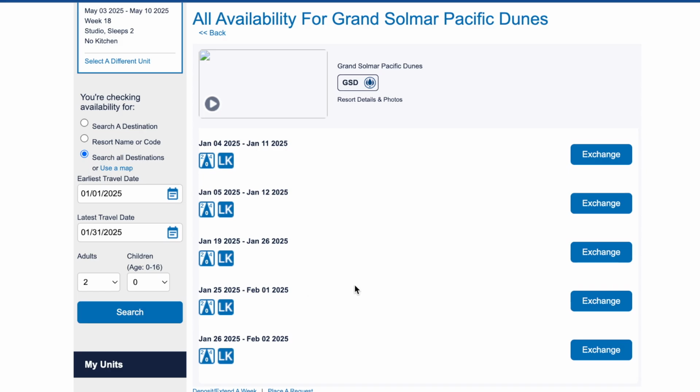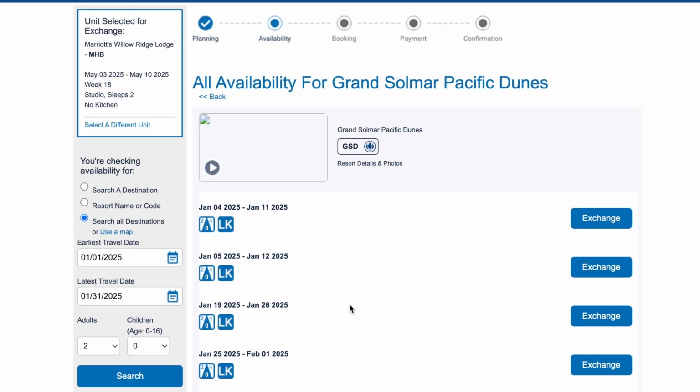Your week may have more, your week may have less. It really depends on that TDI. That's why I keep talking about it, because Interval will only show you a week that is a good trade for your particular week.